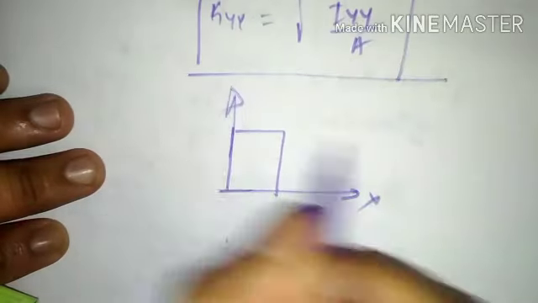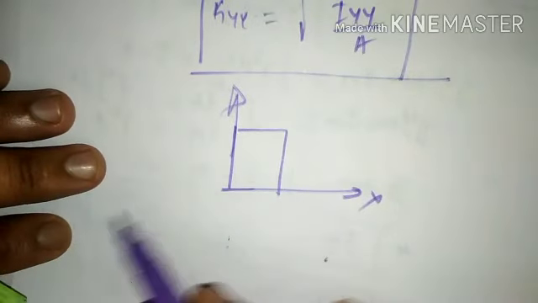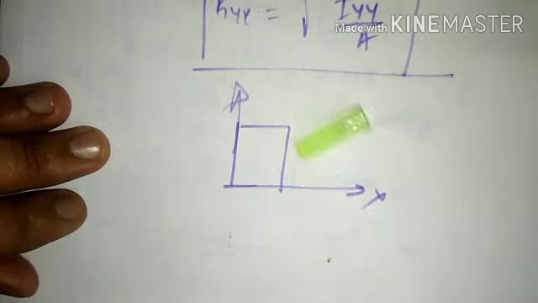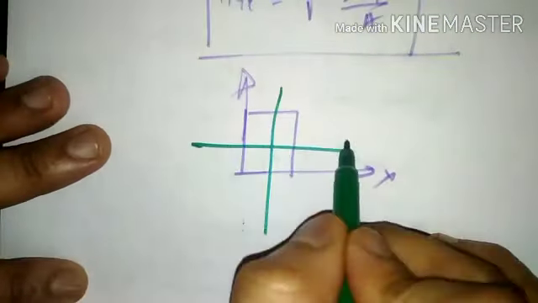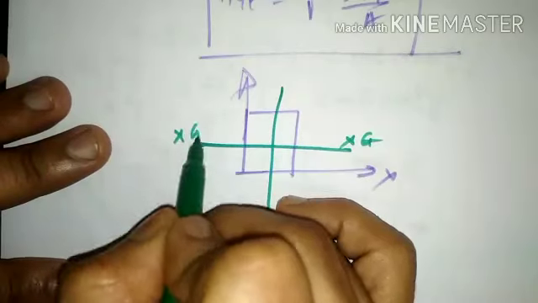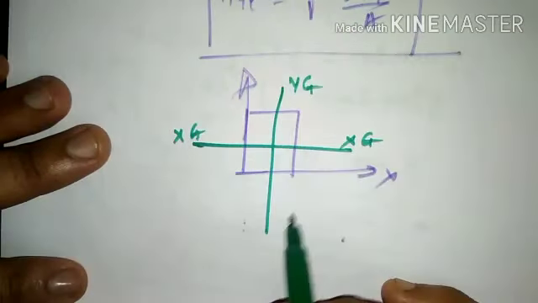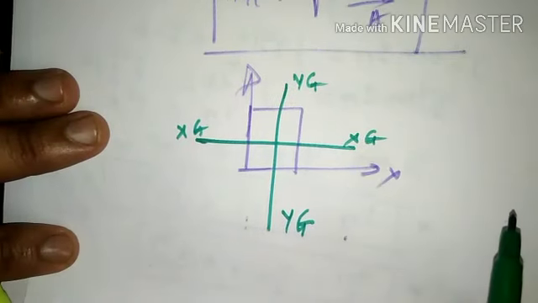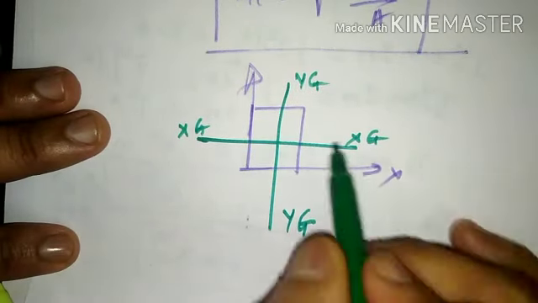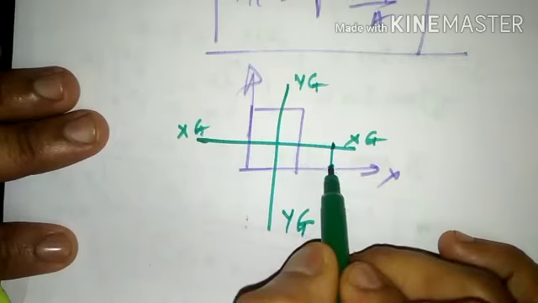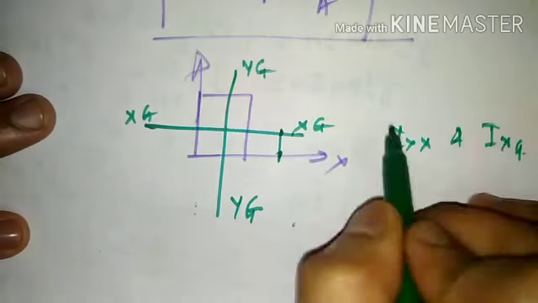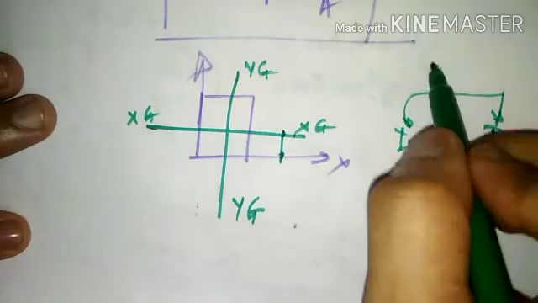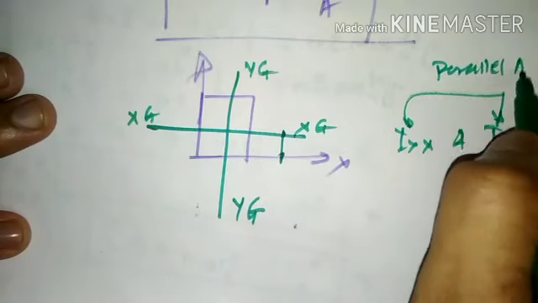There will be two sets of axes here. One is the x and y axes, and the other passes through the centroid. The axis which passes through the centroid parallel to the x-axis will be called xg, and the one parallel to y will be called yg. Here we'll have a derivation between Ixx and Ixg, using the parallel axis theorem.